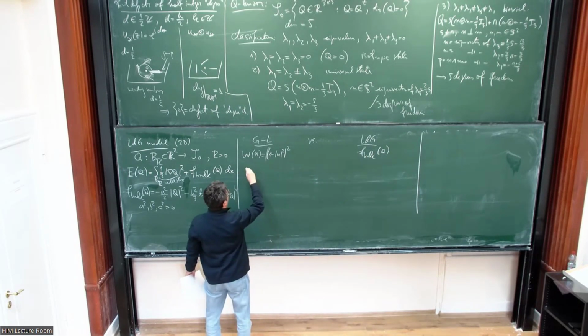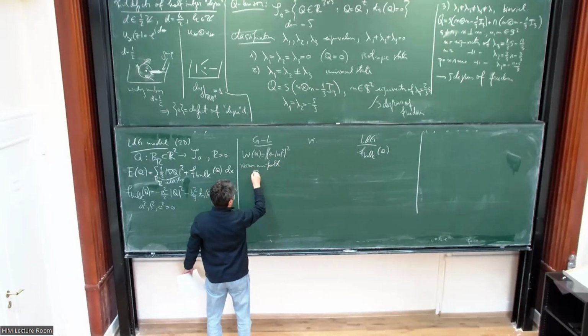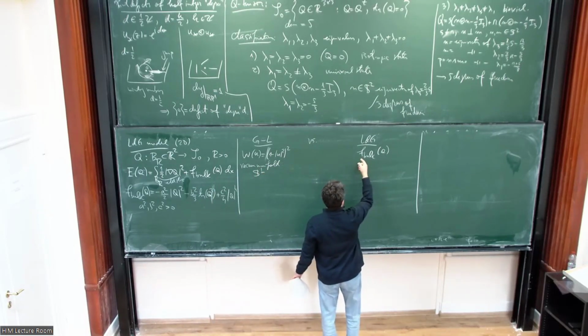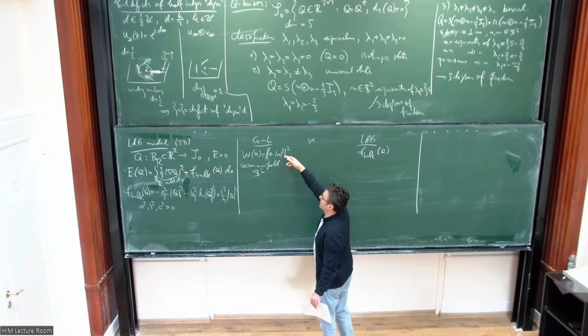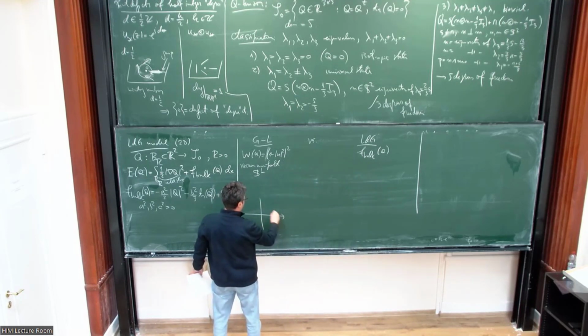What was the minimum of this? The vacuum manifold is at 1, so here, right? That's the minimum. You remember, that was this double well potential.